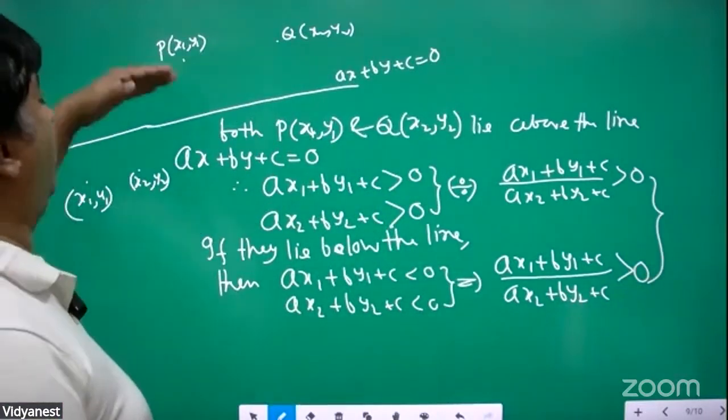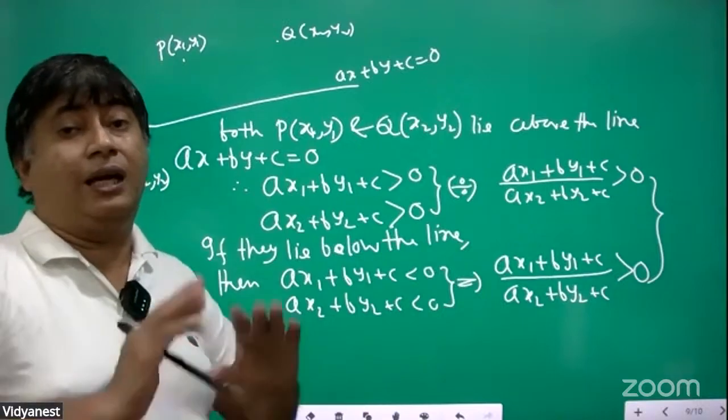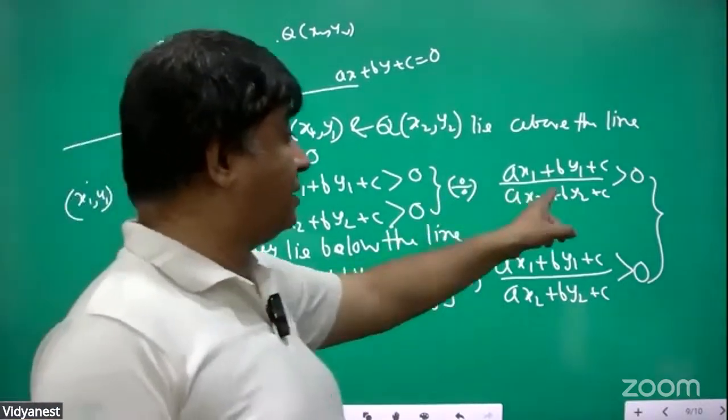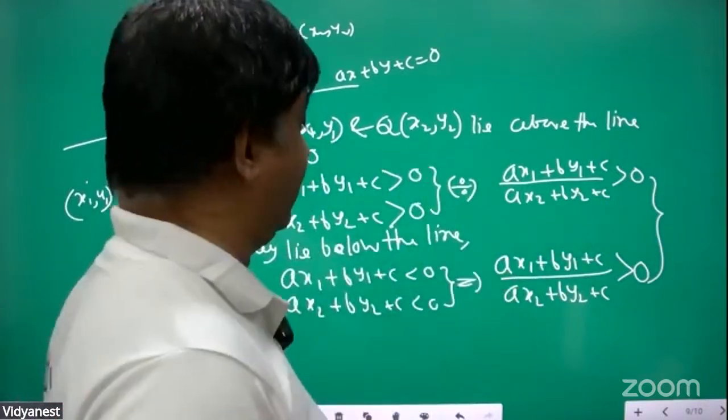So, whether both the points lie above the line or below the line, that will not matter. This is the condition. It implies they lie in the same side.